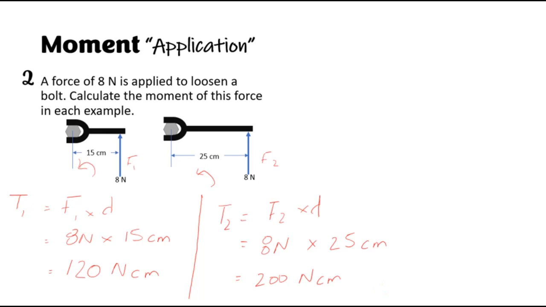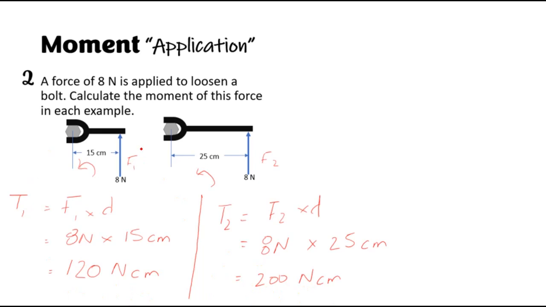What a longer spanner does is it gives them more turning effect on that nut. If one is available, you can suggest they get a longer one so that they are able to apply greater turning. So remember, the moment of a force is a measure of the turning effect of that force about a pivot.